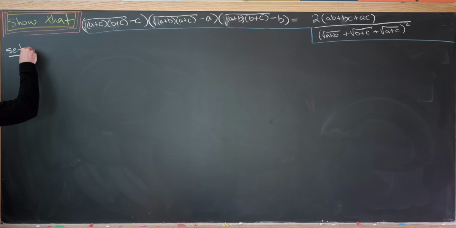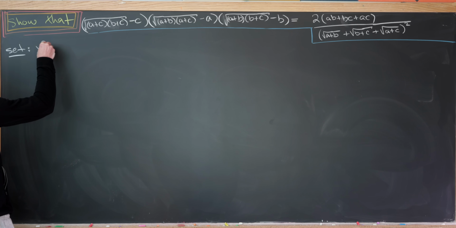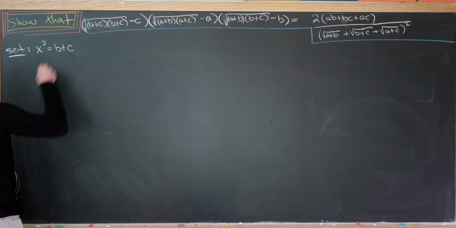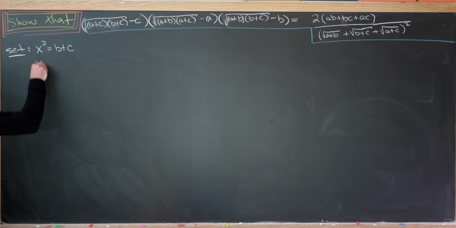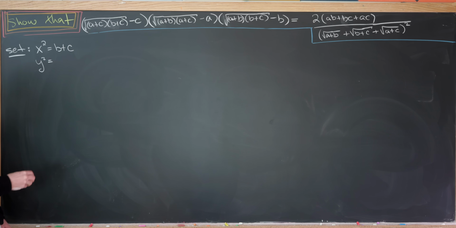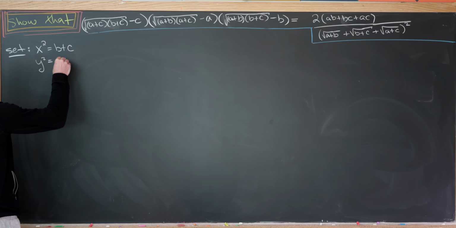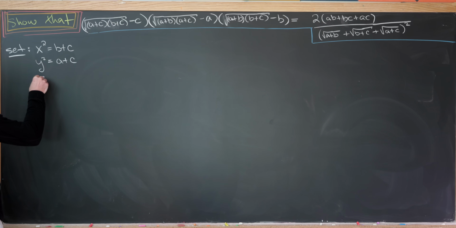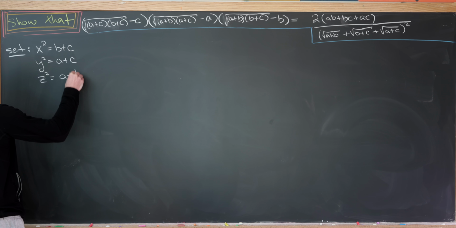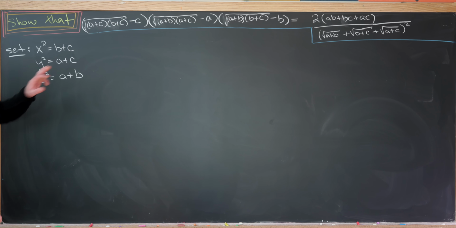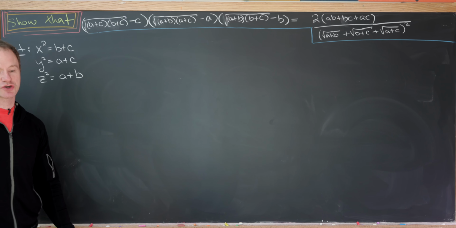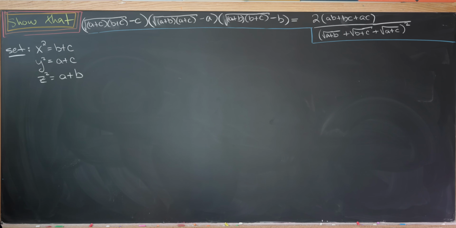So let's maybe set x squared equal to b plus c. And then likewise, we'll have y squared equal to a plus c. And then we'll have z squared equal to a plus b. So that's already going to simplify these square roots on the left-hand side.